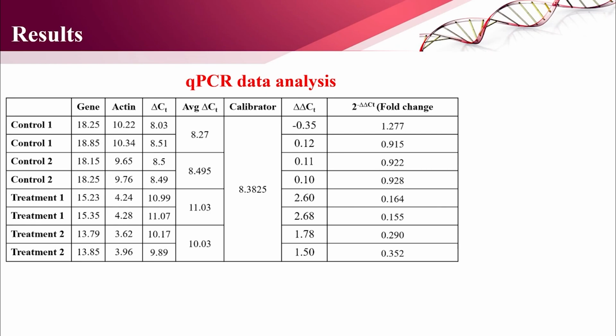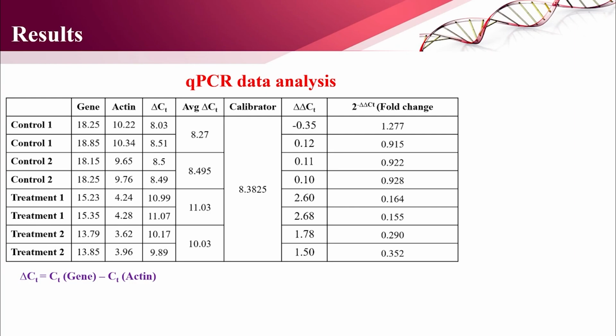For example, imagine we are looking at the CT values of a gene. We are looking for the gene expression of this gene. The first one is control 1, then control 2, then treatment 1, and then treatment 2.